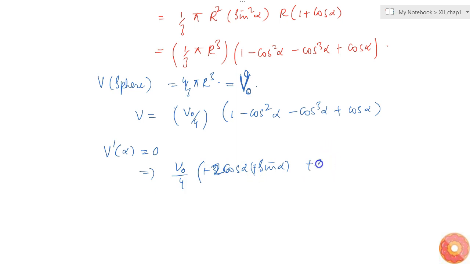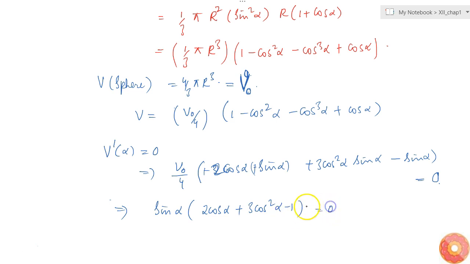Similarly here plus 3 cos square alpha into sin alpha, minus sin alpha. This whole thing is equal to 0. So that will imply sin alpha we can take common: sin alpha into 2 cos alpha plus 3 cos square alpha minus 1 is equal to 0.